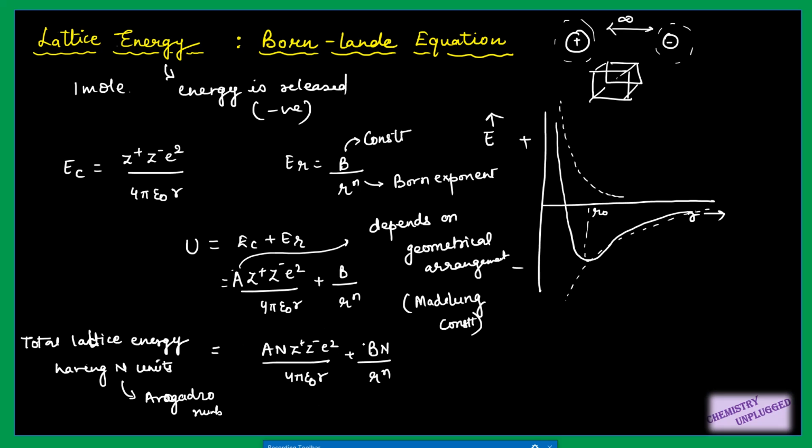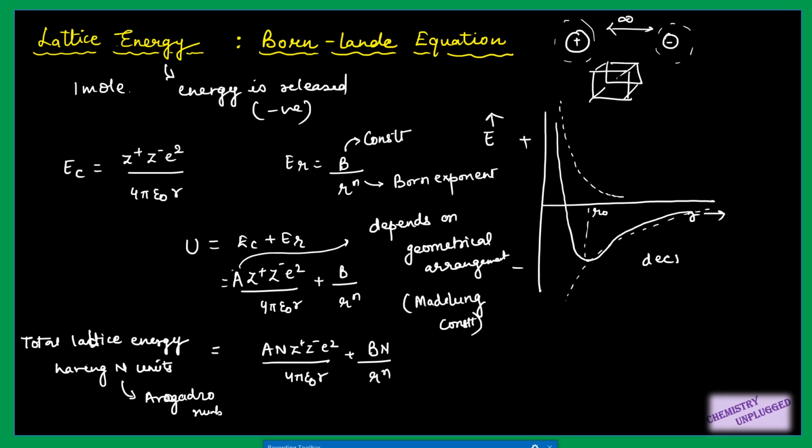So this is the total lattice energy, and you can easily see that when these two ions, this cation and anion, come close to each other to the equilibrium distance, there is a decrease in the potential energy of the system, right? The potential energy is going in the negative direction.